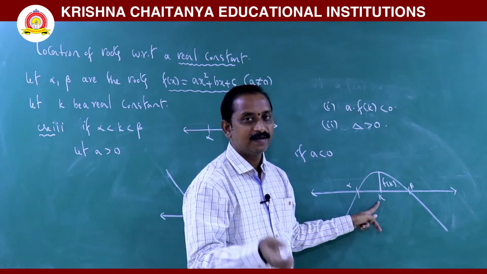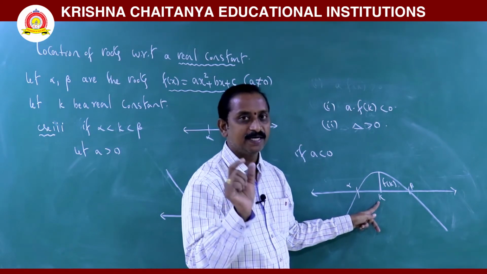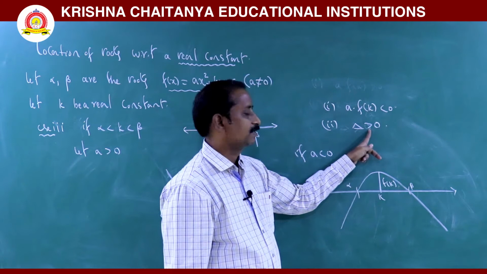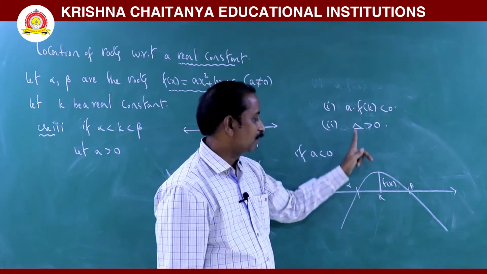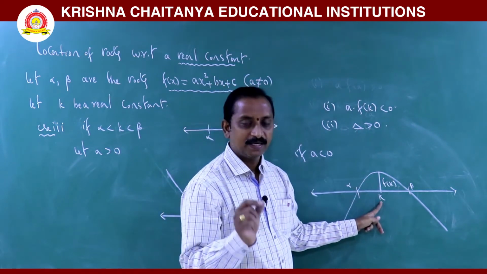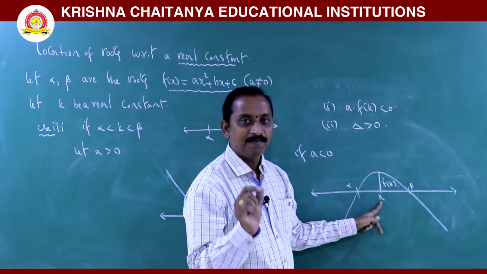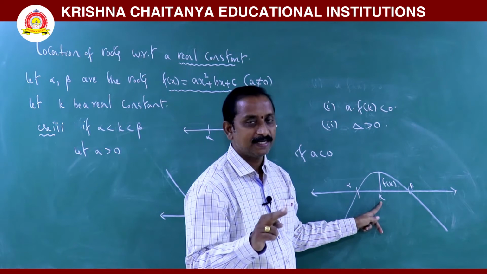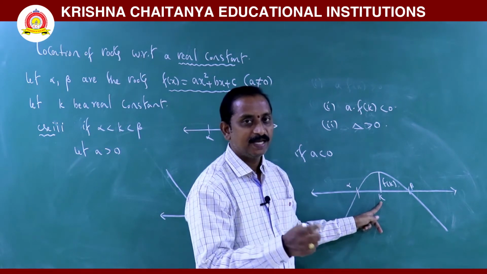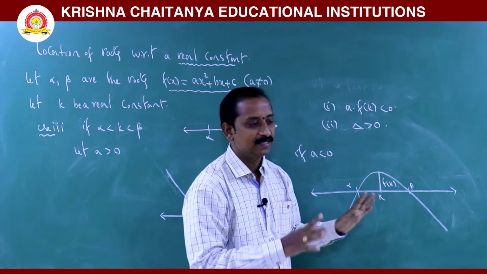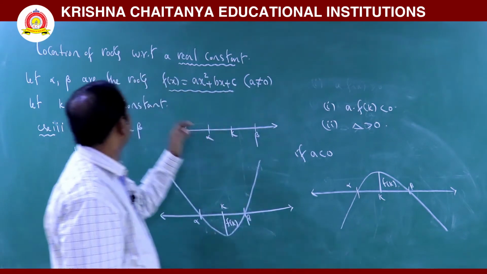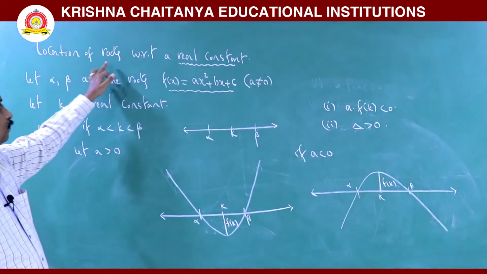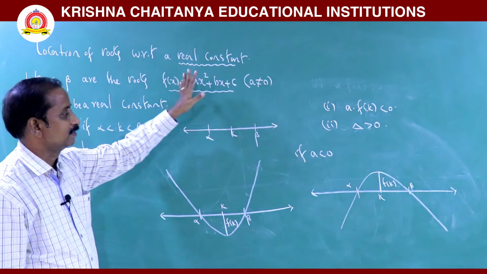If alpha and beta are distinct, the discriminant is greater than 0. So delta greater than 0. And in this situation, the k position may be greater than minus b by 2a or less than minus b by 2a, that is depending upon the real constant. These are the position or location of roots with respect to a real constant.